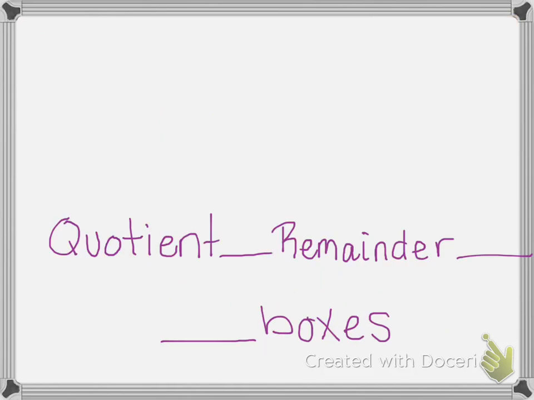Number 2 says Liliana is packing 135 winter hats into donation boxes. 32 hats will fit in one box. So she wants to know how many boxes she needs. So we have to do 135 divided by 32 hats in each box.